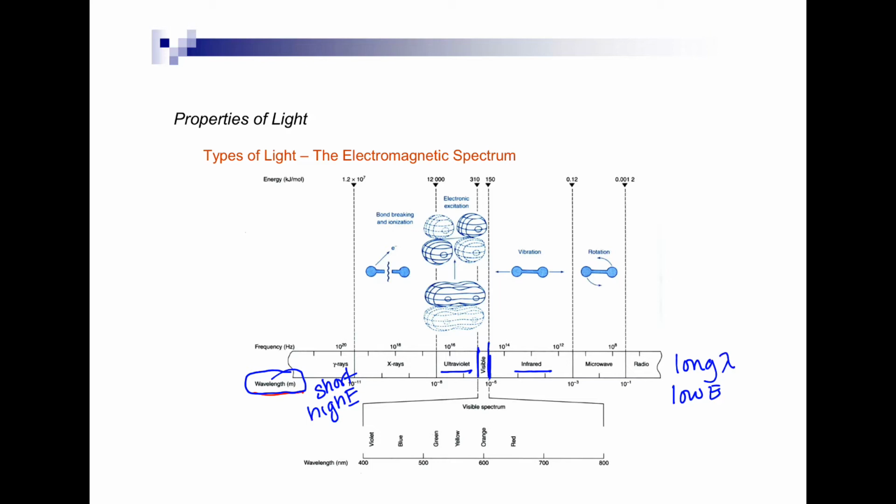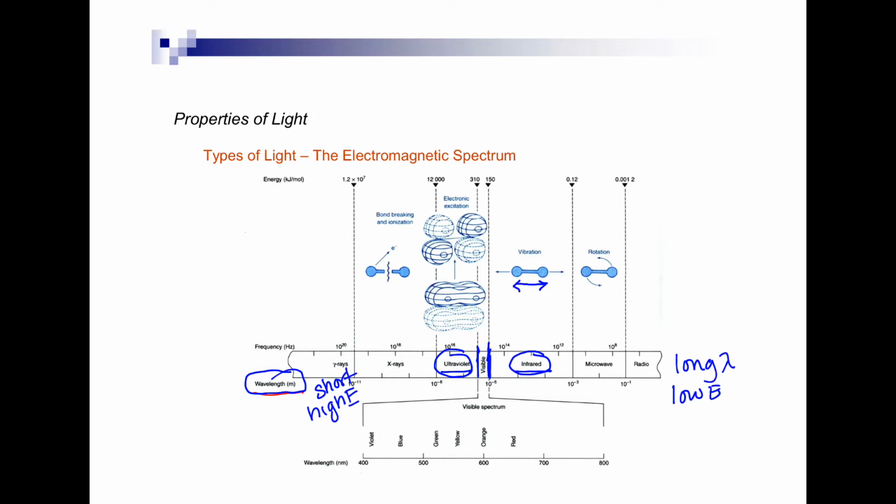We're going to talk a little bit about visible light, but I wanted to describe what's happening with infrared light and what's happening with ultraviolet light. For infrared light, we're actually looking at the difference in energies of vibrations between atoms within a molecule.